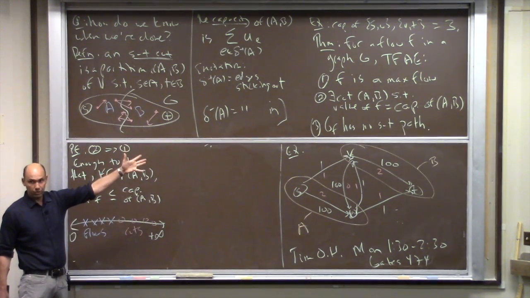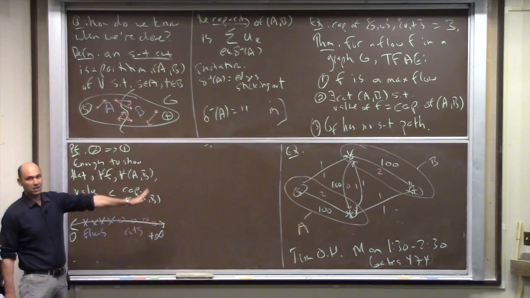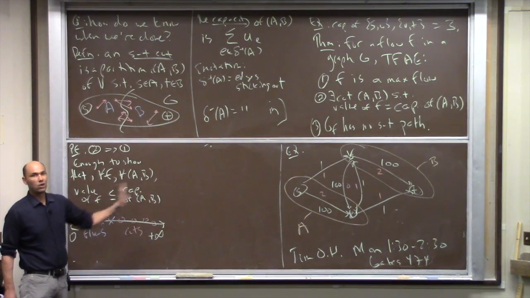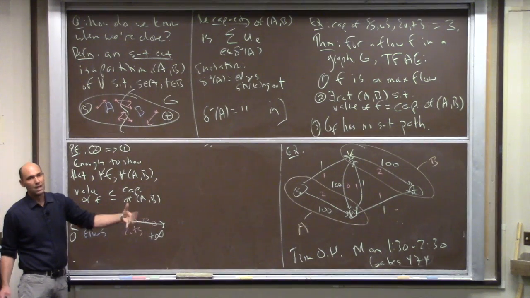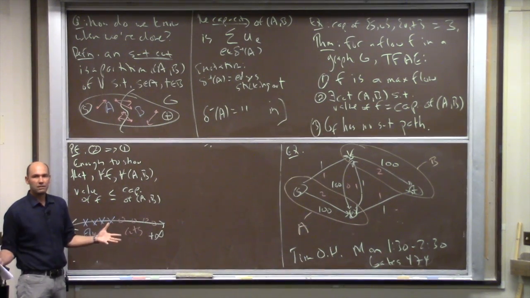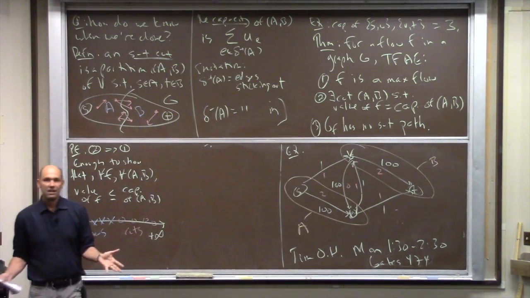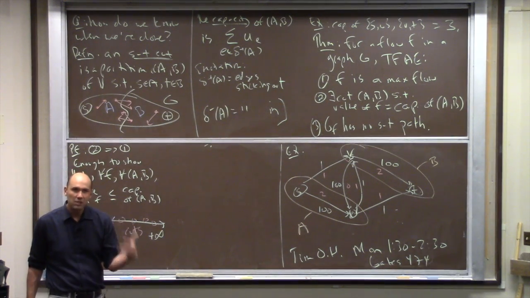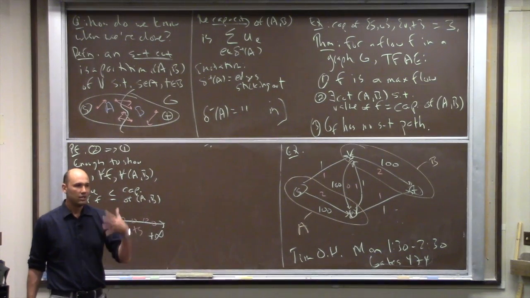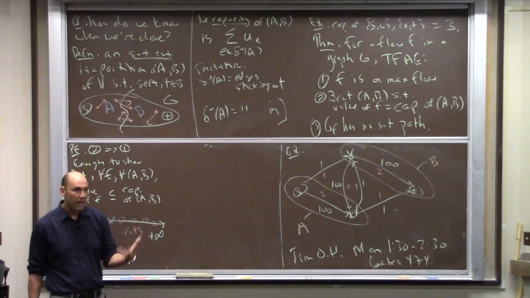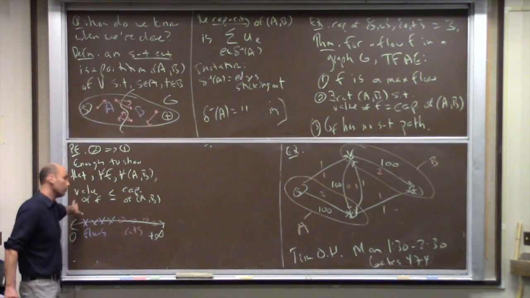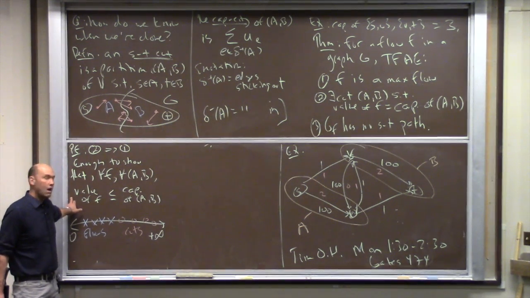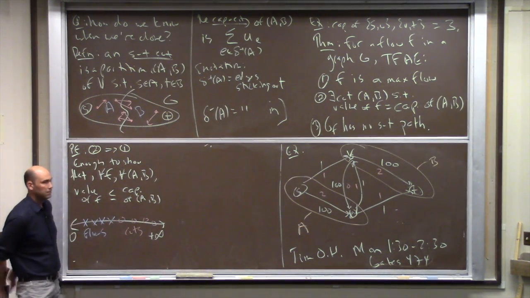If that's true, well, because no X can ever be to the right of an O, no other flow could possibly be bigger. Okay? So put differently, if every cut is an upper bound on every flow, if you ever get in the happy case where there's actually a flow which is as large as the minimum cut, you can't possibly do better. That's the best case scenario, okay? All right, so that's why if this is true, then we're done with this implication.